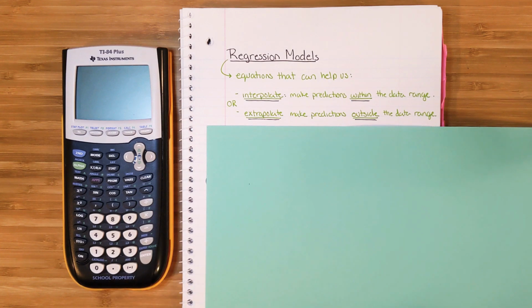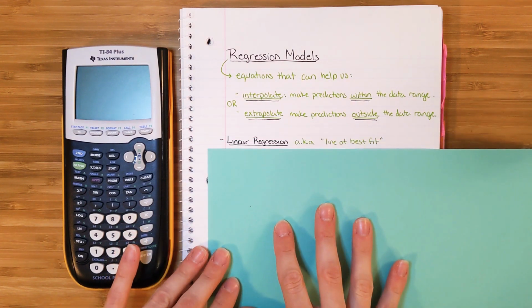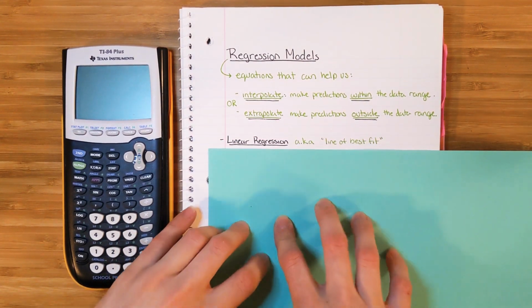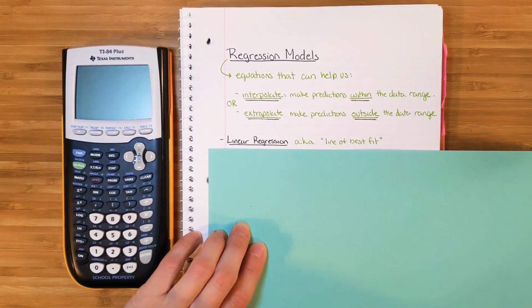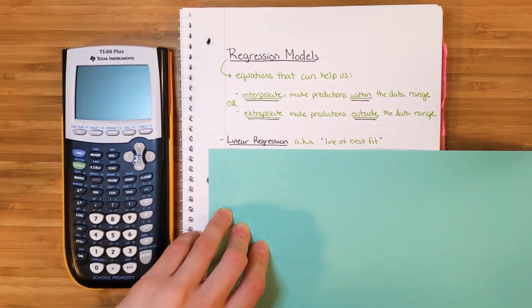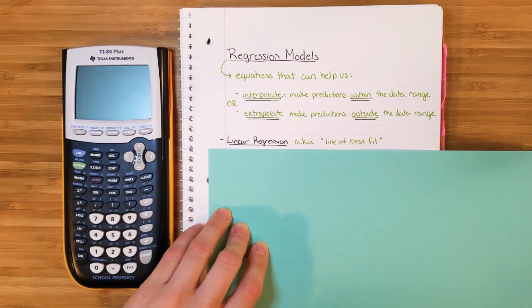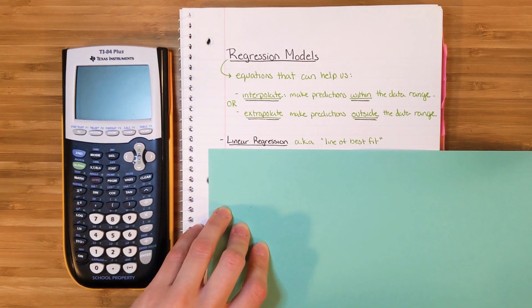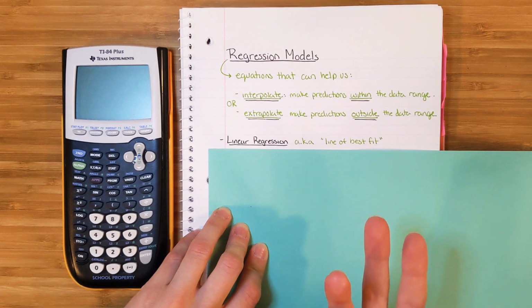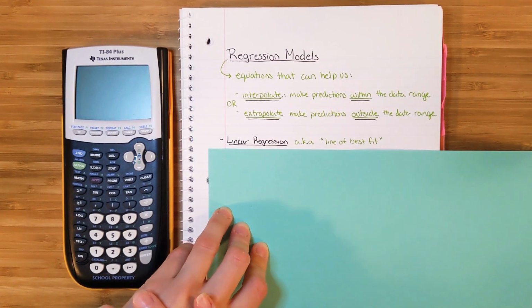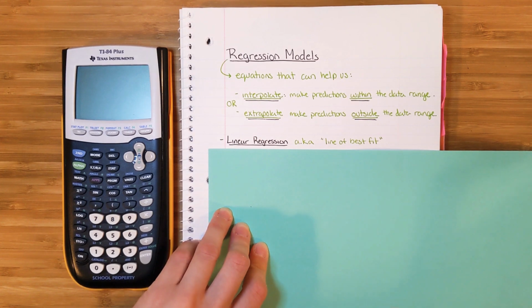Now, the most common regression model is linear regression, and you guys have already had experience with this. Linear regression is just finding the line of best fit. As far as I know, when you were in middle school and you did statistics and you did scatter plots, you created the line of best fit by hand by finding 2 points within your data set, trying to adjust your ruler to make sure that it was right down the center of all of those different points that you plotted, and then you found the slope and the y-intercept, and that became your equation.